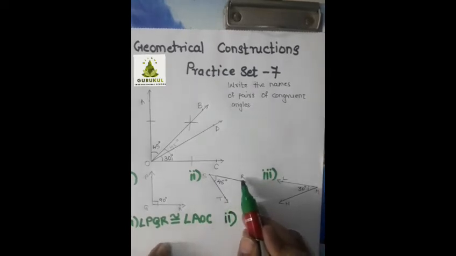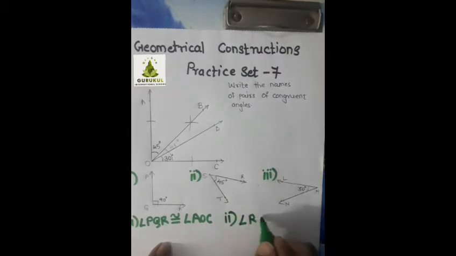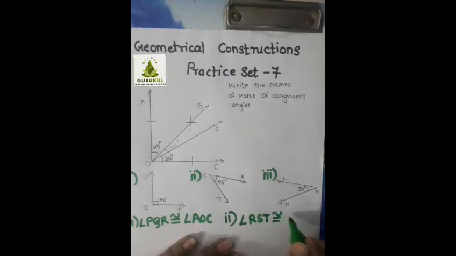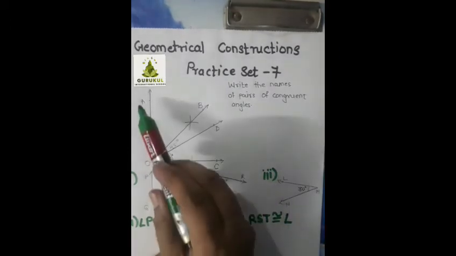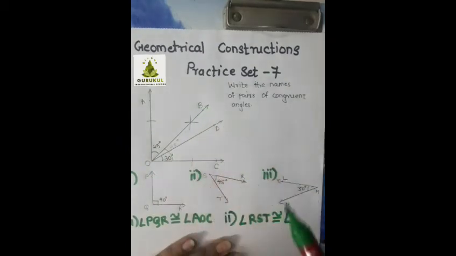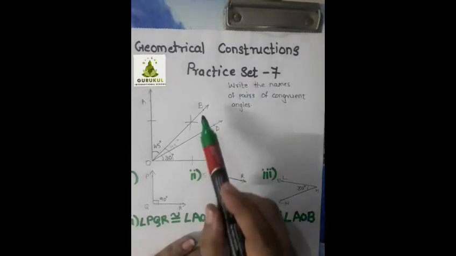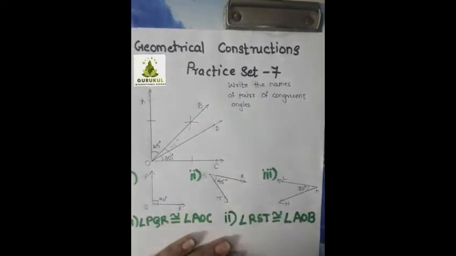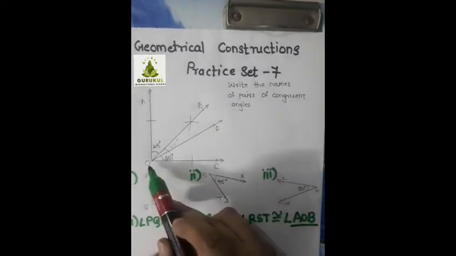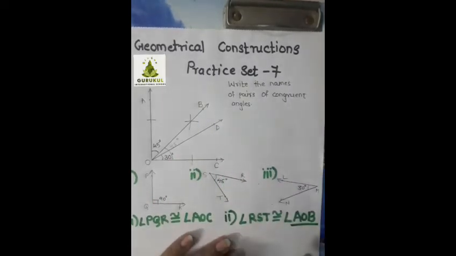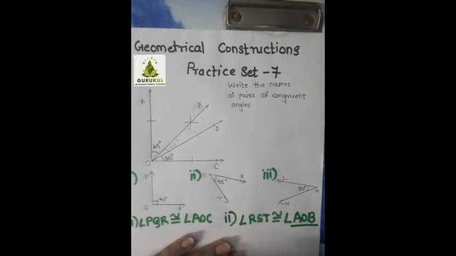That is angle RST is congruent with angle AOB. Or you can write BOC as well. Means instead of AOB, you can write BOC. Any one, if you write, it is okay.